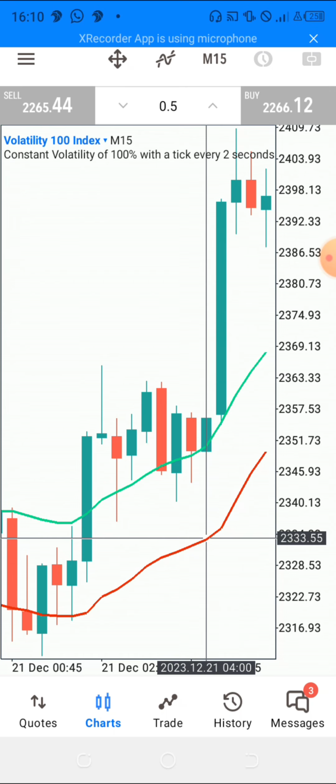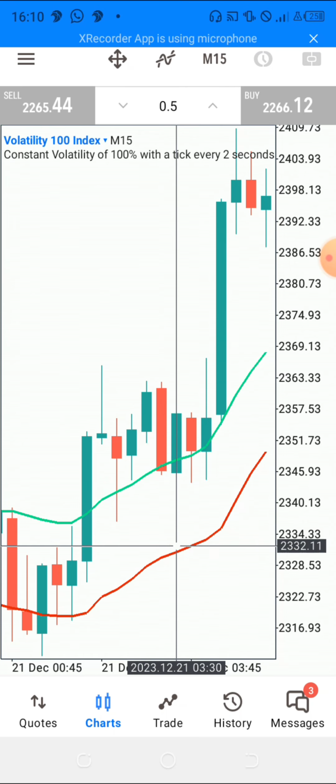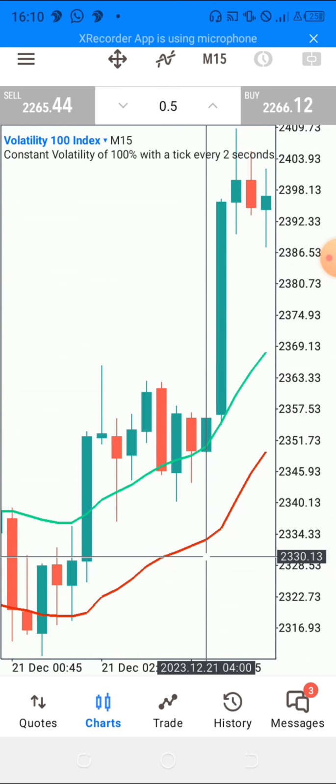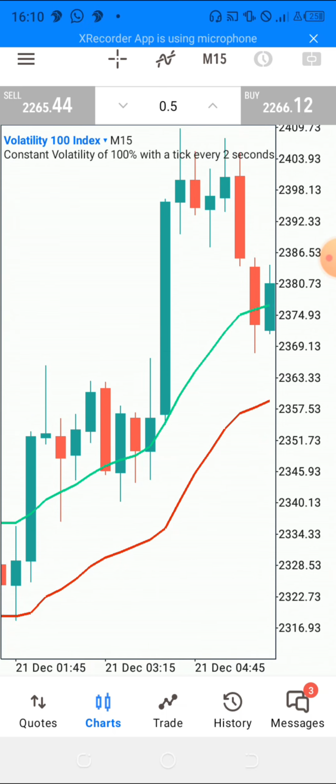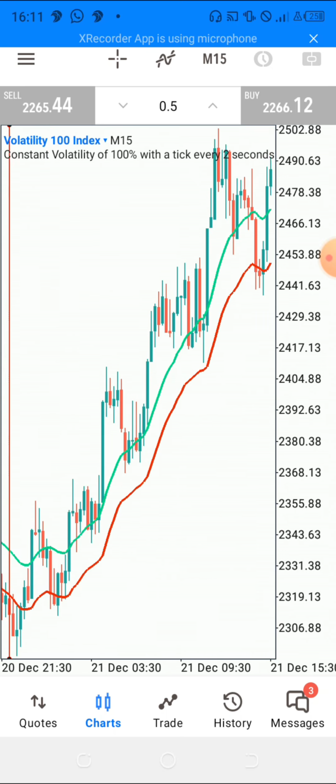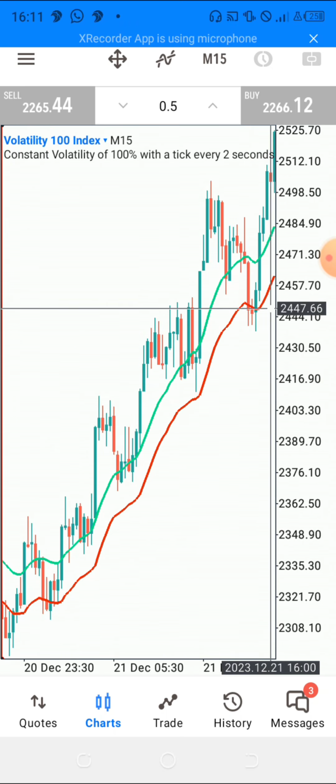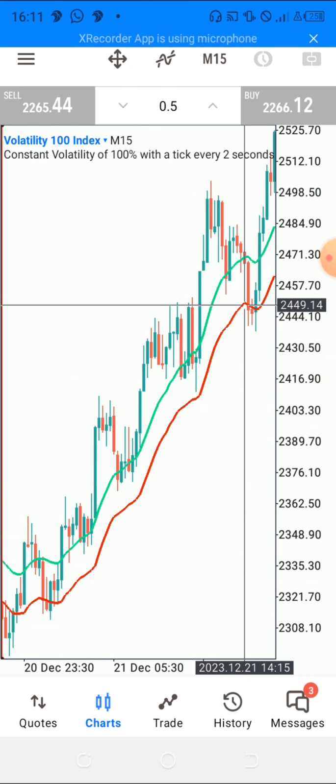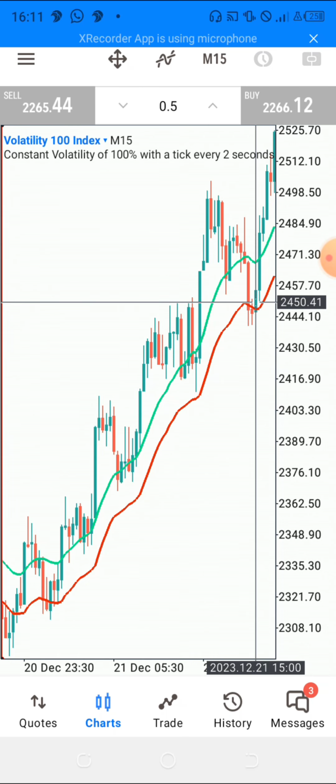As long as price is still trading above the red line, you hold that trade. You place your stop loss just below this red line here, and you hold that trade as long as price is above the red line. You only exit when price closes below that red line, because there can be a possibility of a reversal.